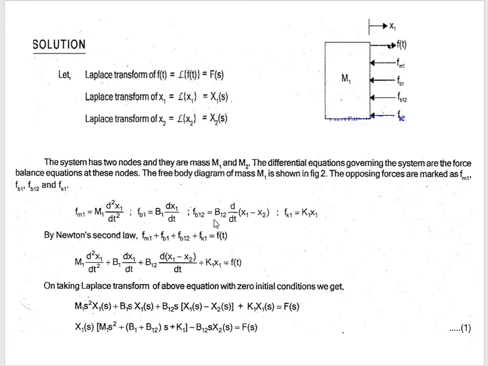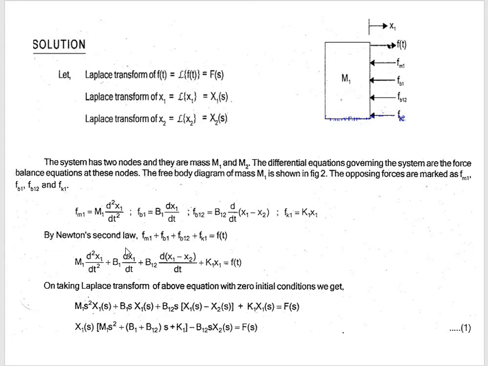Next, Fb12 is equal to b12 into the derivative of x1 minus x2 by dt, as the b12 dashpot has a relation between both m1 and m2. Finally, the spring force is directly proportional to displacement, therefore we can write k1 into x1.